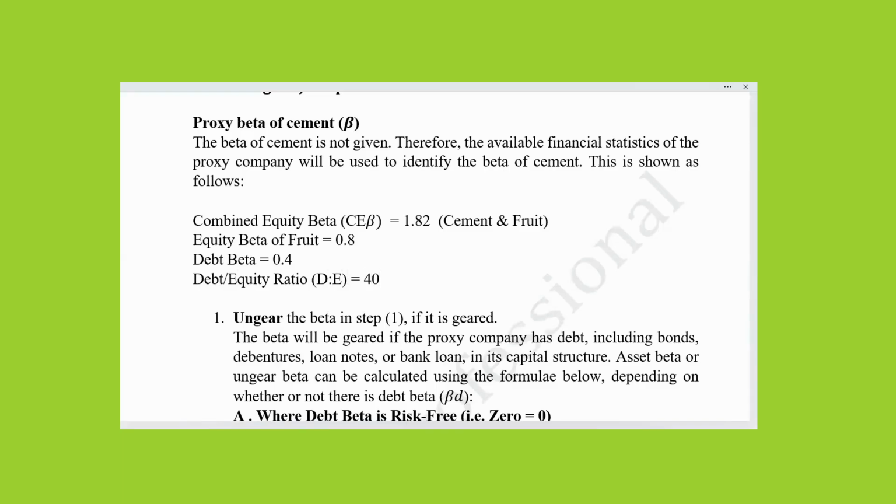So if debt is 40%, it means that equity will be 60%. So D is equal to 40%, while equity is equal to 60%. That's the gearing ratio we're expected to use.